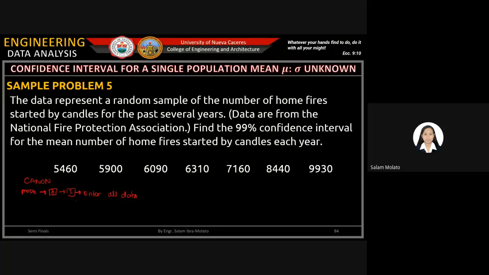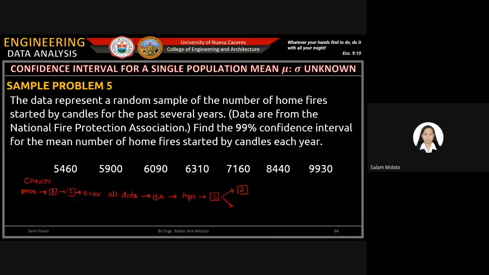After entering the data, you press CA. After pressing CA, you press apps for Canon, and then press 5. After that, you choose. If you want to get the mean, you press 2.